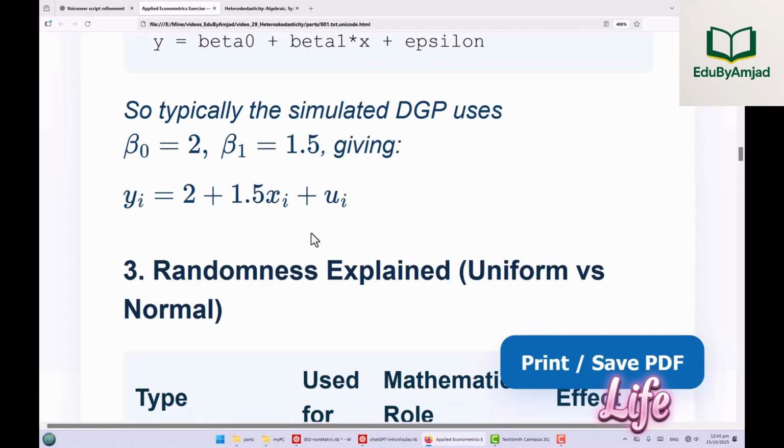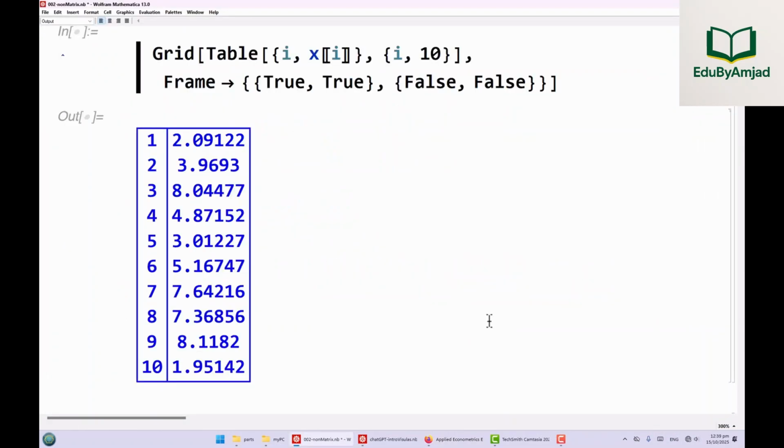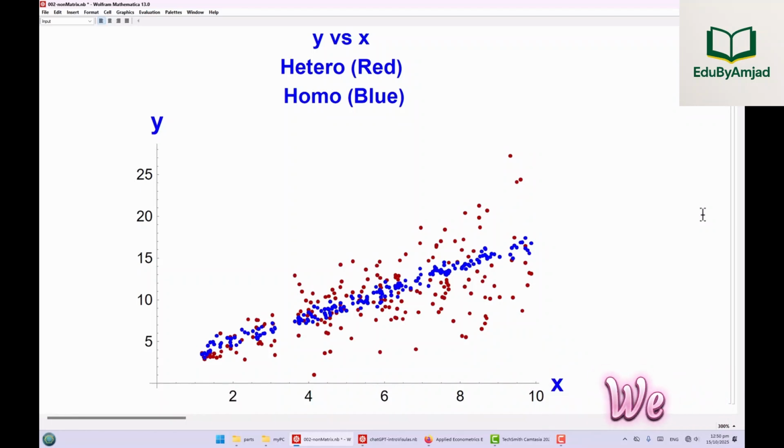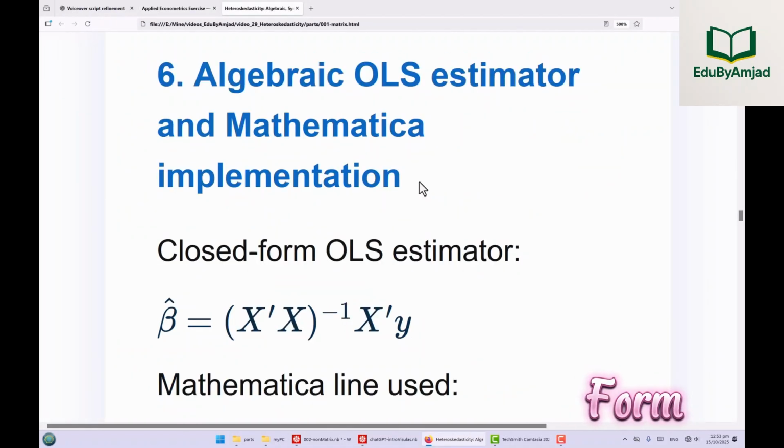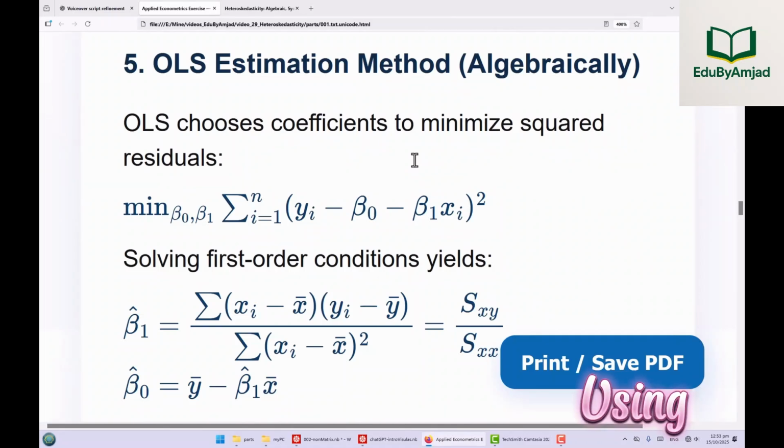In real life, these specific population coefficients are not known. From the collected data, we usually estimate them using the classical method known as ordinary least squares, OLS. These formulas for the coefficients can be derived using calculus, both in matrix form and in non-matrix form. Thus, using the data on the dependent and independent variables, we estimate the regression coefficients.